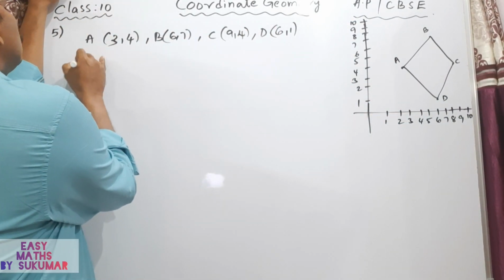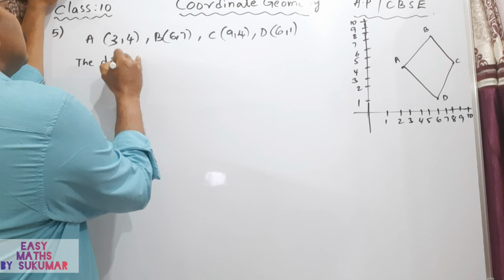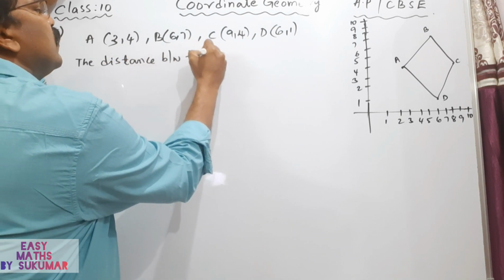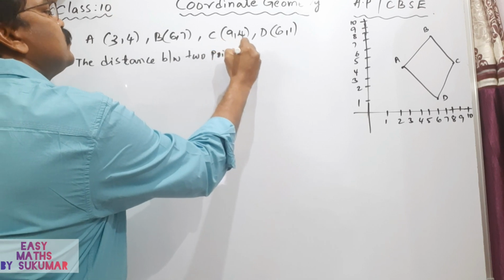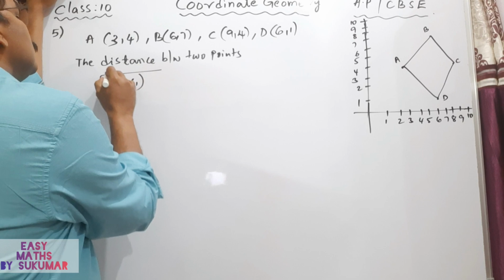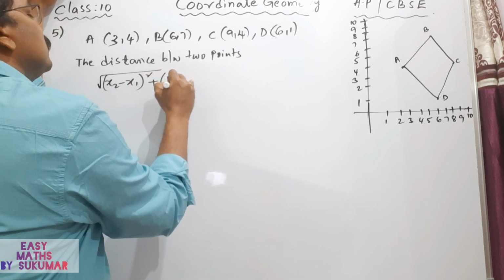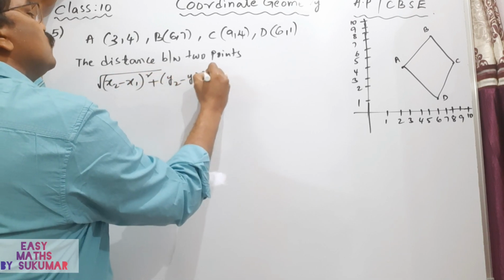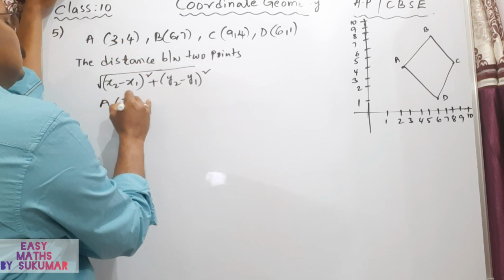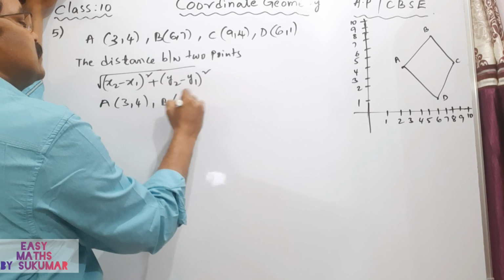The distance between 2 points. What is the formula, students? The distance between 2 points is root of (x2 minus x1) whole square plus (y2 minus y1) whole square. Okay. Here this A is 3, 4 and B is 6, 7.